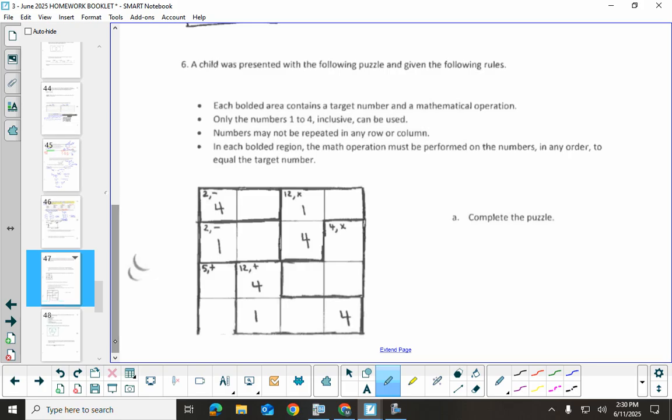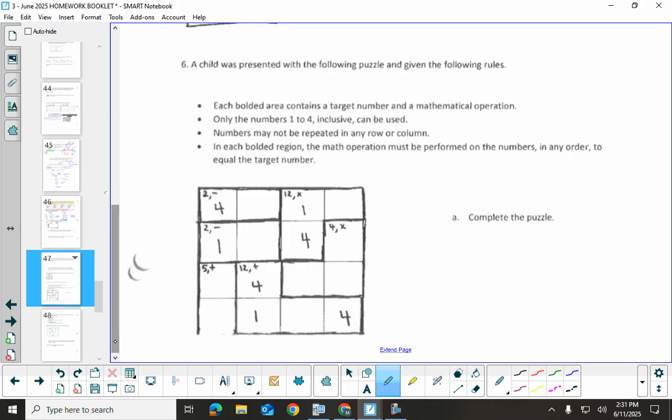Each bolded area contains a target number and a mathematical operation. Only the numbers 1 to 4 inclusive can be used. Okay, inclusive means including 1 and 4. Exclusive would mean you cannot use 1 and 4. Okay. Numbers may not be repeated in any row or column.